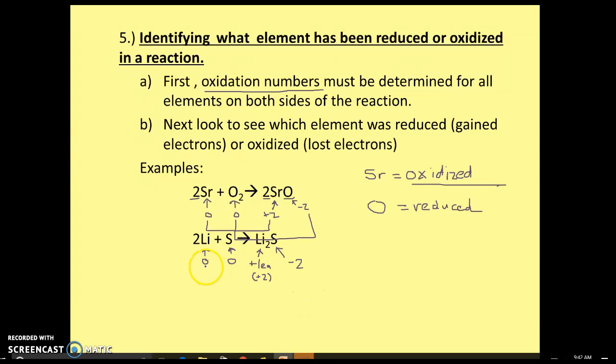So then we look, lithium went from a 0 to a +1. Sulfur went from a 0 to a -2. So lithium lost an electron, oxidation number went up, so it was oxidized.